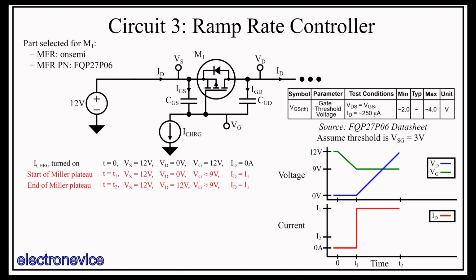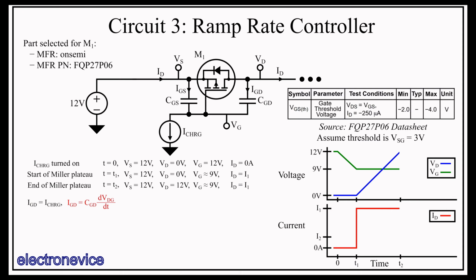If VG is constant and VS is constant, then no current flows through CGS. We only have 2 currents left on the gate node, I-charge and IGD. Since VG must remain the same, I-charge and IGD must be equal to each other. And we know from the nature of capacitors, the expression for IGD is CGD times dVdG/dt.